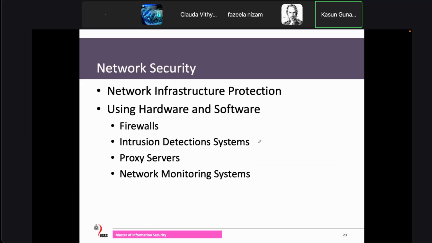So the network security is basically securing the network infrastructure, so we can bring the necessary hardware and software applications, with a few firewalls, intrusion detection system, proxy servers, and lots of other hardware and software utilities.